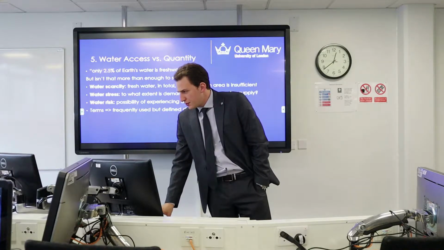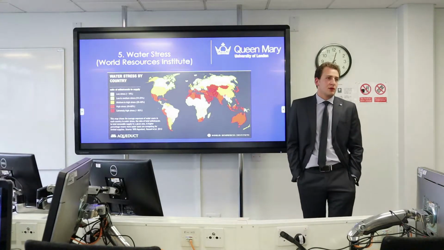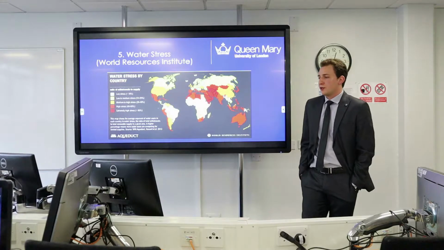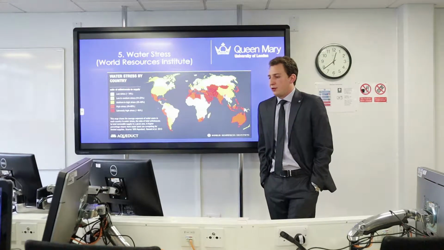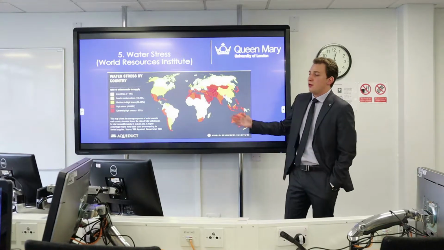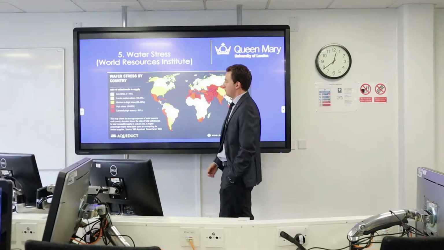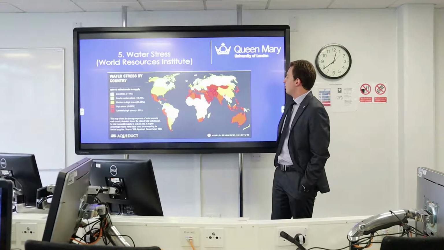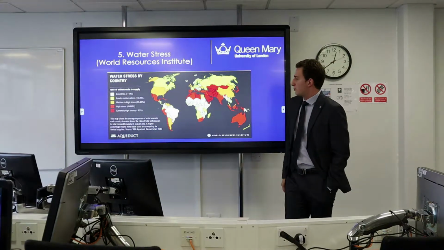So when you think about water stress, there is something very briefly that I wanted to show you by the World Resources Institute, and you might have seen it. It's basically a graph of water stress by country. So what they calculate is the ratio of withdrawals, meaning, well, the water that gets taken, to supply, and, well, you can see the red regions are potentially under extremely high stress.